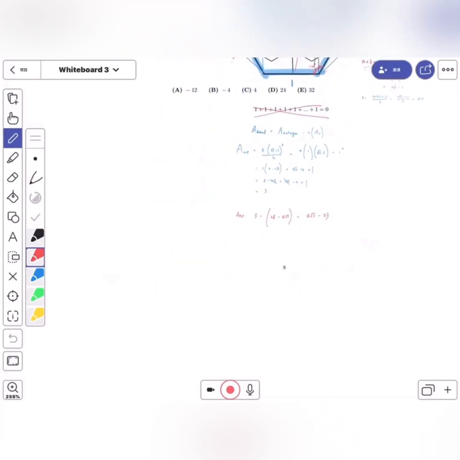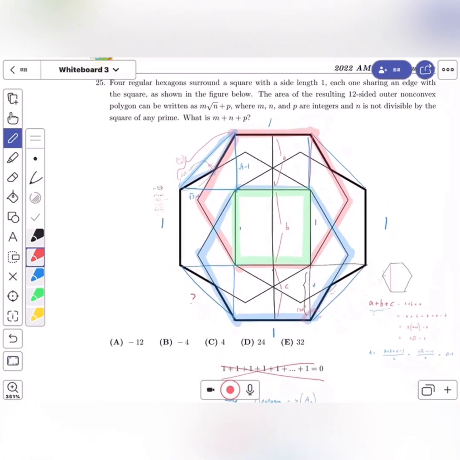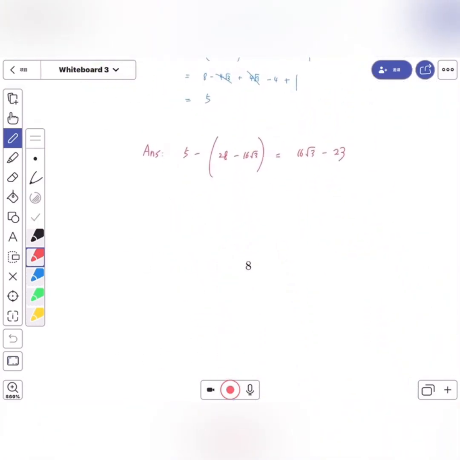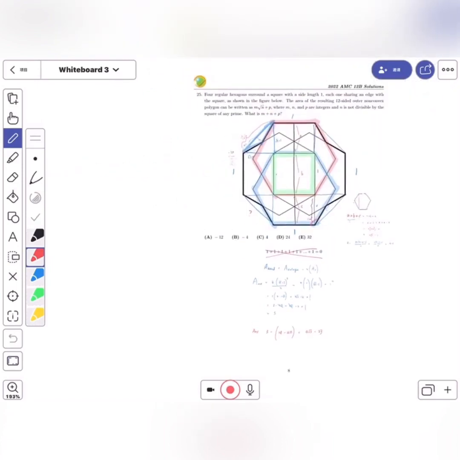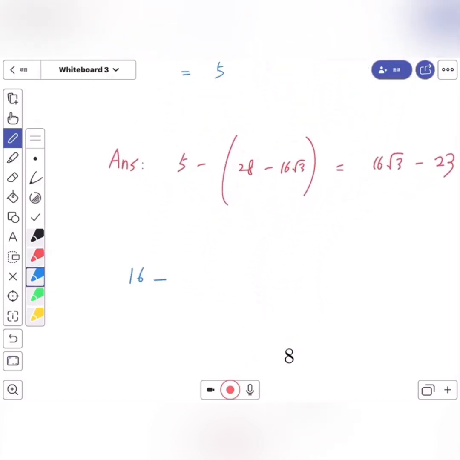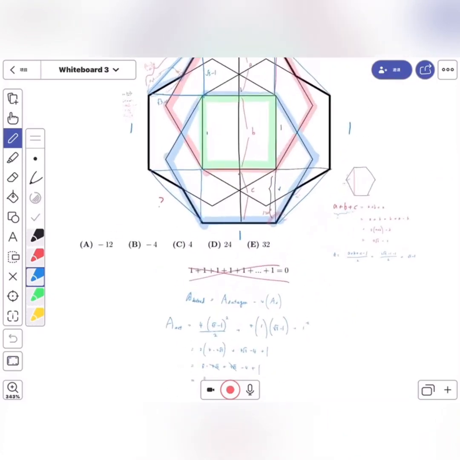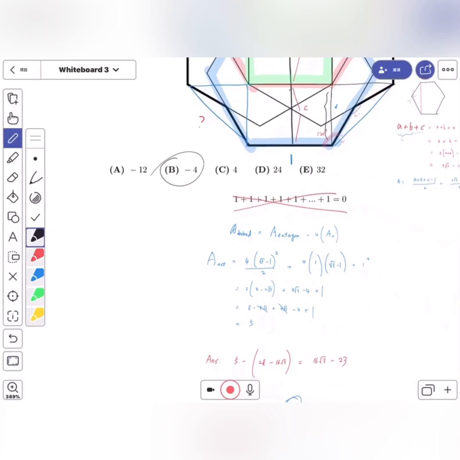So that is finally our answer, and our answer is m root n plus p, where these are integers. So it's not restricted to positive integers, so we know that we are good here. So n plus p is just going to be equal to 3 minus 23, which is negative 4, which gives us our answer choice B, finally.